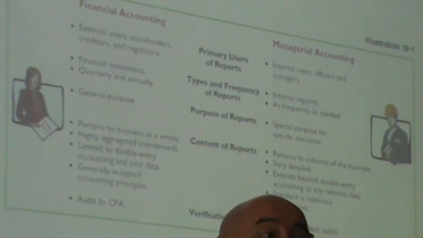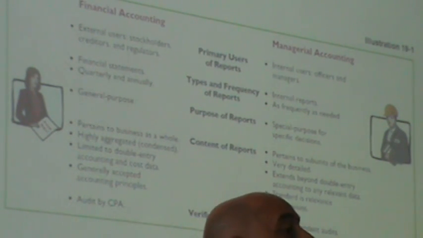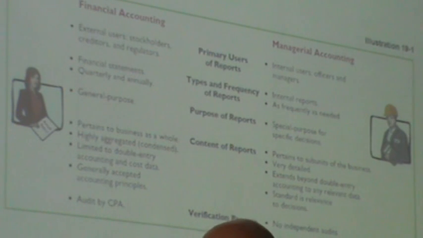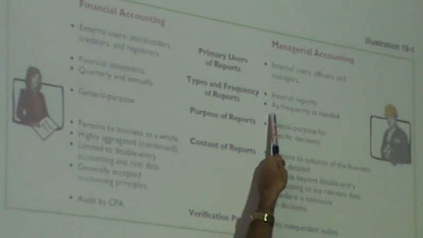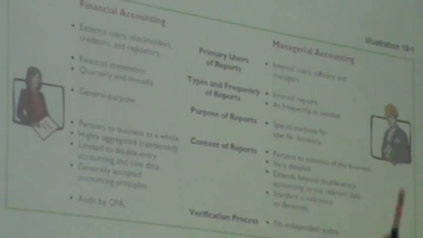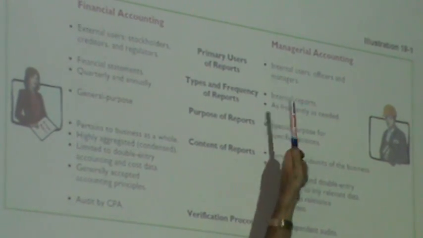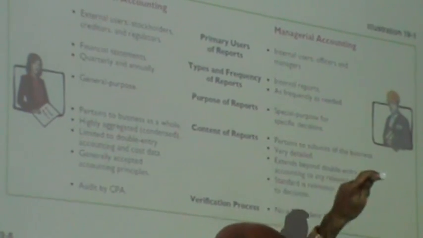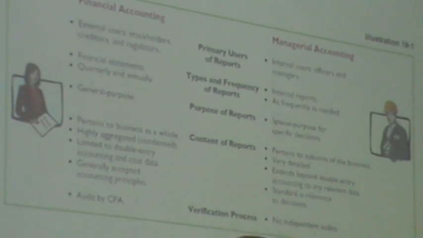For managerial accounting, you make reports as often as necessary, as you need them. So, you make them as frequently as needed. And these are internal reports. So, the users are internal users, the reports are internal reports.